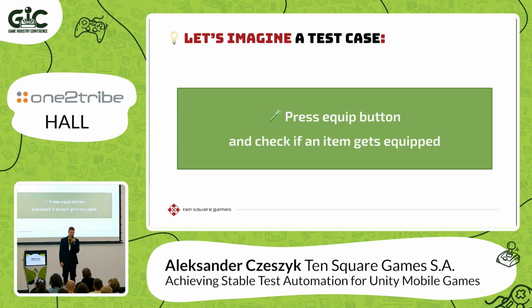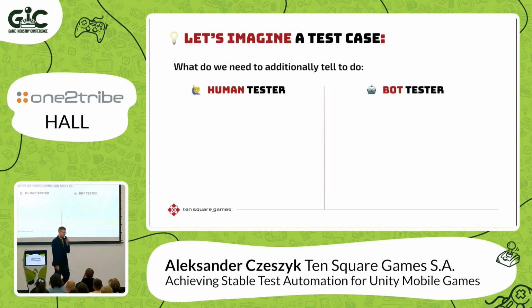Press equip button and check if an item gets equipped. Pretty simple, right? What would we need to tell a human tester, and what would we need to tell a bot tester? Any ideas? Human tester, what would we need to tell? Okay, no ideas.